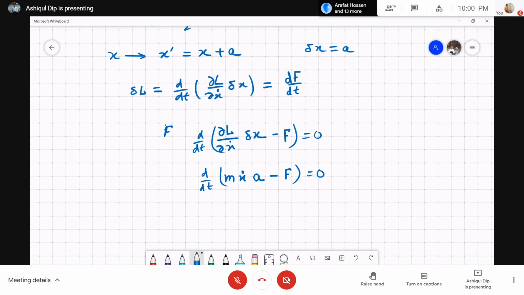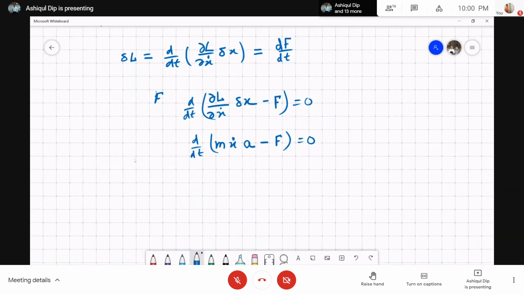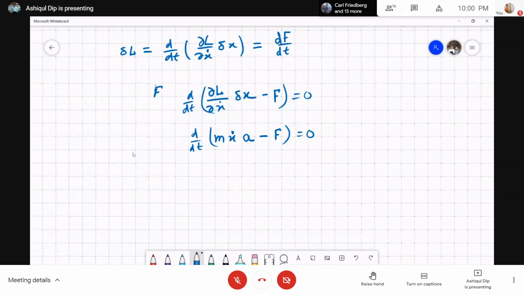Okay, for which f can this be satisfied? Any constant, right? We can set f to be any constant.